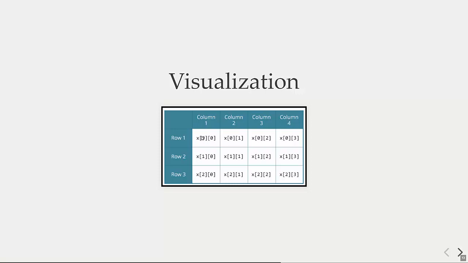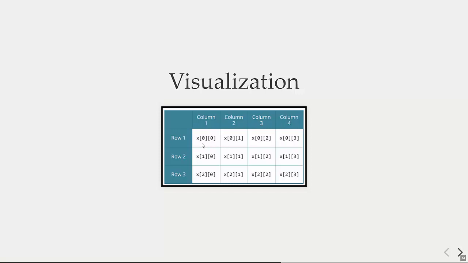As we have seen in one-dimensional arrays, the index starts from 0. So for row 1 the index is 0, row 2 the index is 1, and row 3 the index is 2. Similarly, column 1 the index is 0, column 2 the index is 1, column 3 the index is 2, and so on.